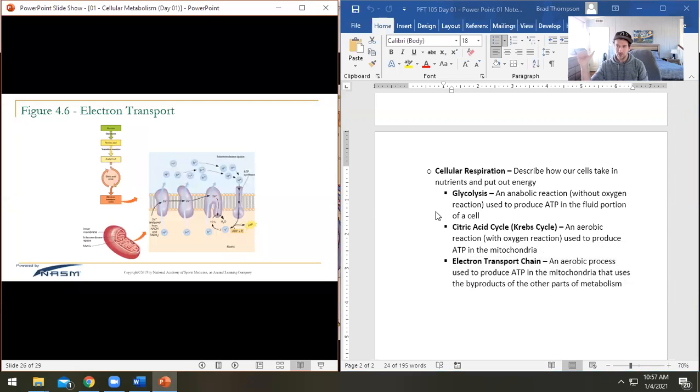So 1 sugar molecule goes in, it becomes a little bit of ATP, and it becomes a little bit of lactic acid. The lactic acid is going to become a little bit more ATP, and then you're going to be left with NAD and FAD. NAD and FAD are going to leave you with a bunch of ATP and a little bit of water and a little bit of carbon dioxide. And those are your byproducts.